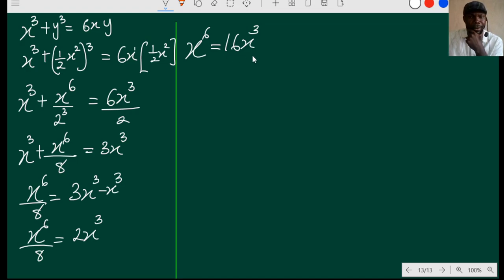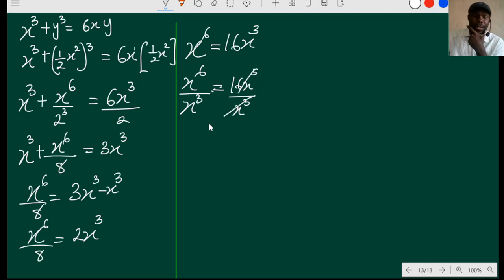Now let's find the value of x. Let us divide both sides by x to the power 3. So x to the power 6 minus 3 will now give you 16. x to the power 3 is equal to 16.